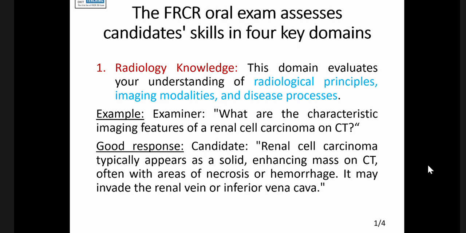And you say that it is typically a solid enhancing mass on CT. It can have necrosis and hemorrhage. It can go into the renal vein, IVC, etc. So this is where your radiology knowledge is checked. Of course, if I start asking you TNM classification, everything else, everything is radiology knowledge.